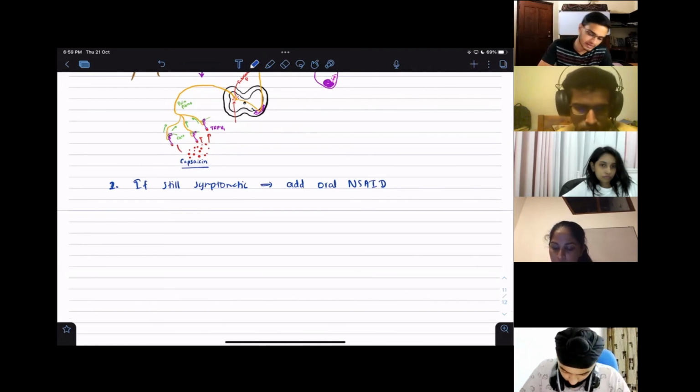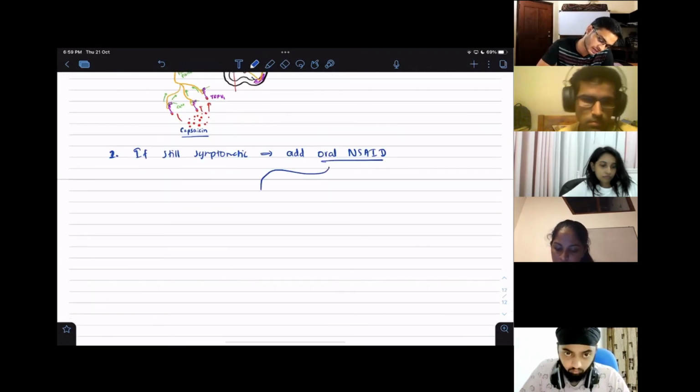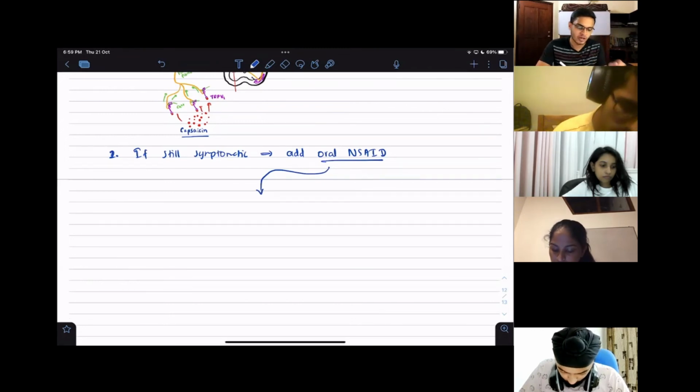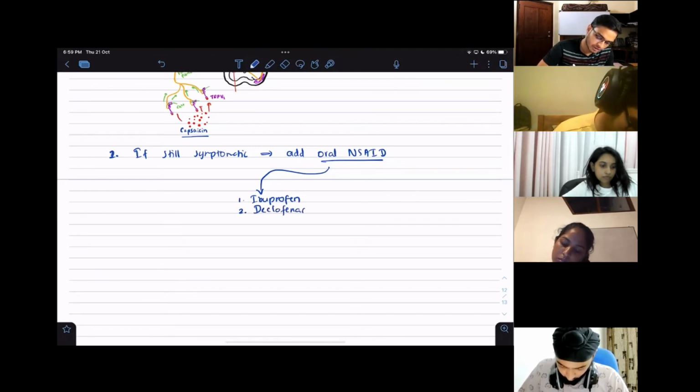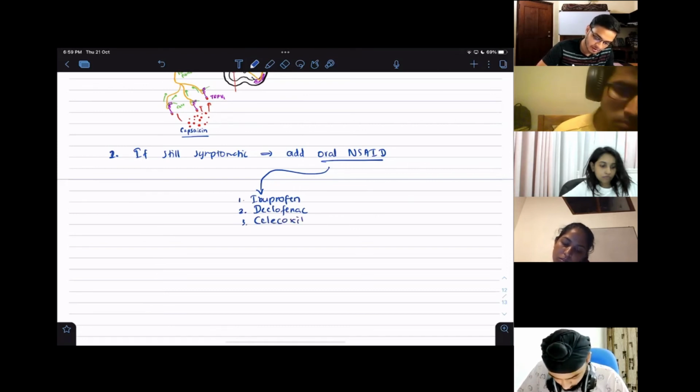Here, guys, the common ones that we usually use: one is ibuprofen, another one is oral diclofenac, and the third one is, guys, the newer one, celecoxib.